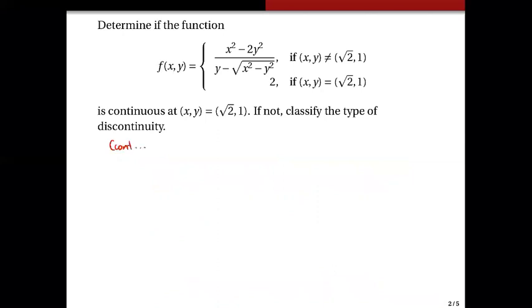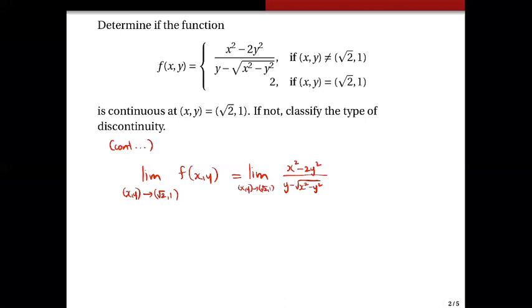So let's write here the continuation. We want to find the limit of f of x comma y as the point x comma y approaches square root of 2 comma 1. So let us write the function. We have the limit of x squared minus 2y squared over y minus square root of x squared minus y squared as the point x comma y approaches square root of 2 comma 1.